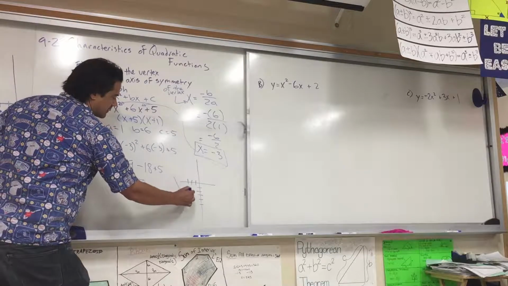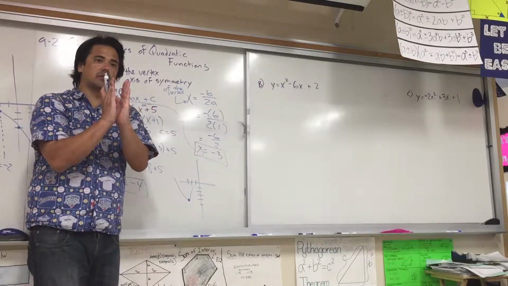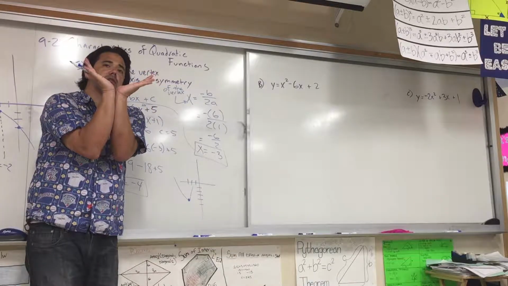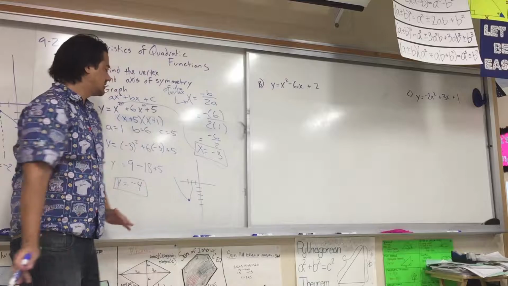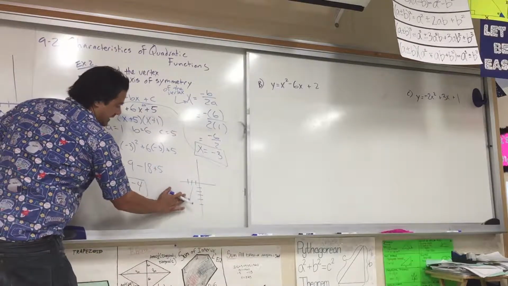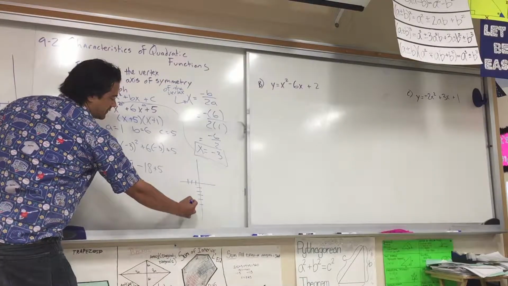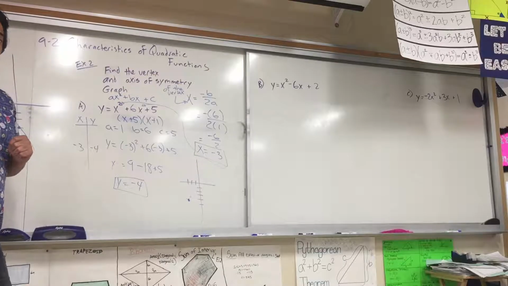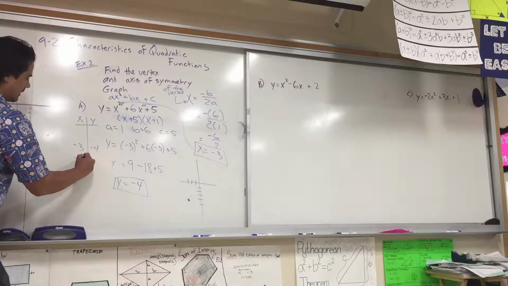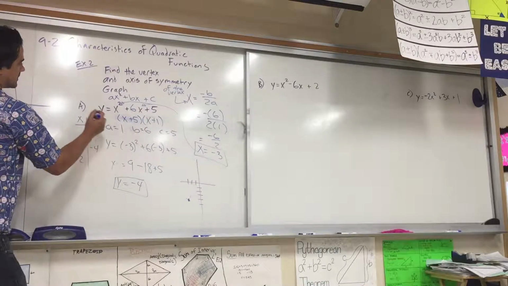Okay, it's going to come up. We don't know if it's going to be super thin, or go slowly like that. So we need to determine what it looks like. So the way to do that is pick an x value just to the right of it. So just to the right of the -3 would be what? Okay, -2.